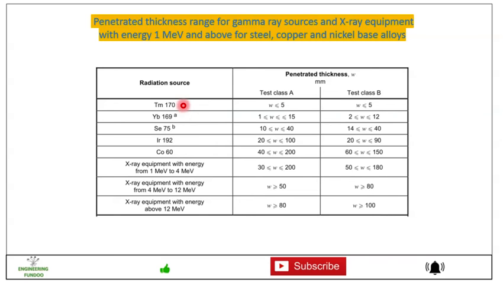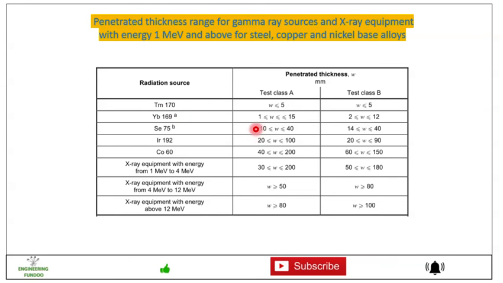Here you can see the type of radiation source and energy levels, and accordingly we have penetrated thickness in mm, and for test class A it should be less than or equal to 5 for radiation source TA.